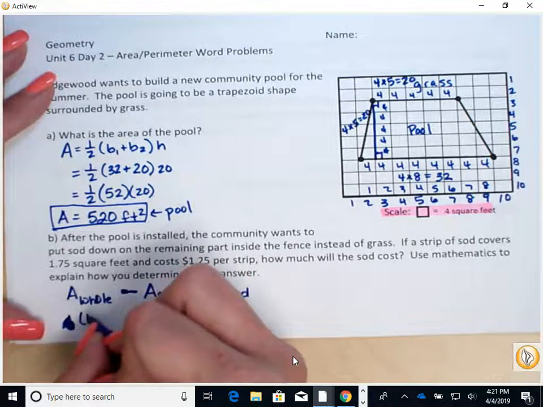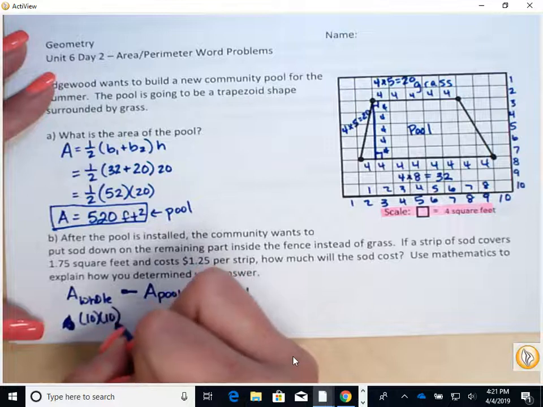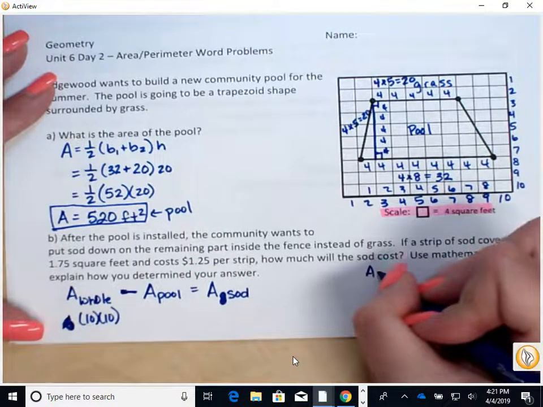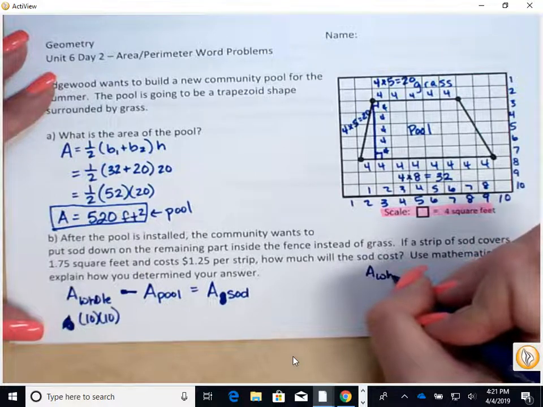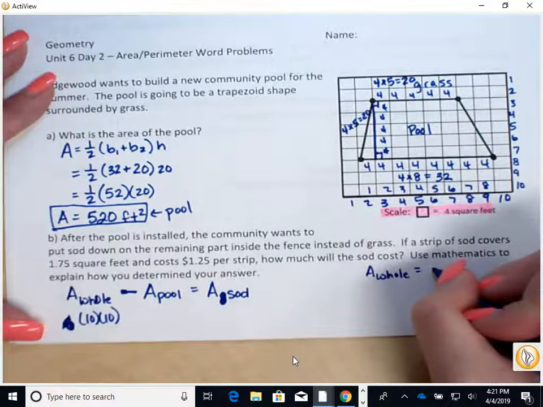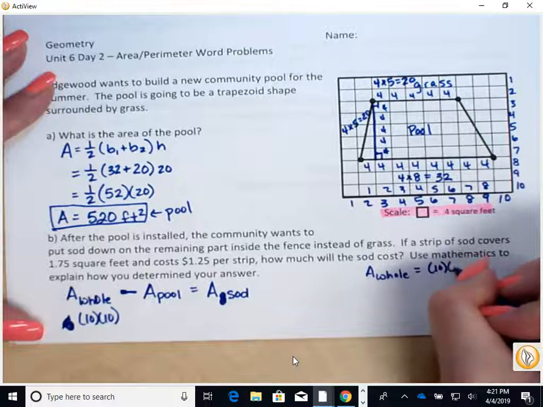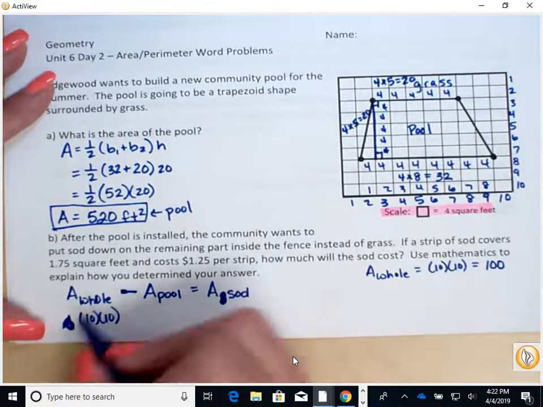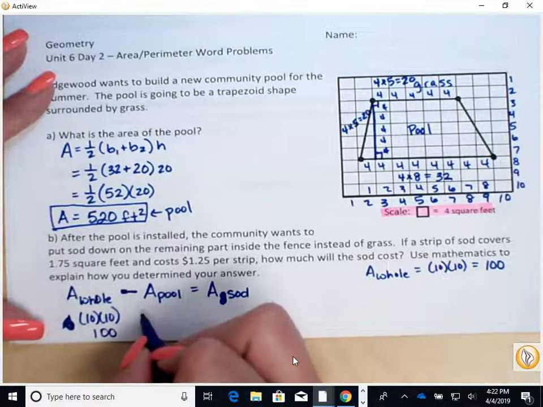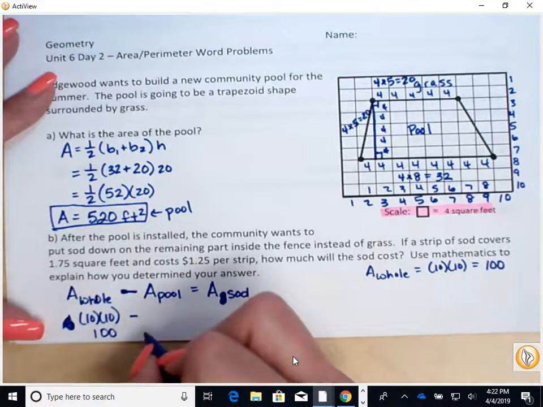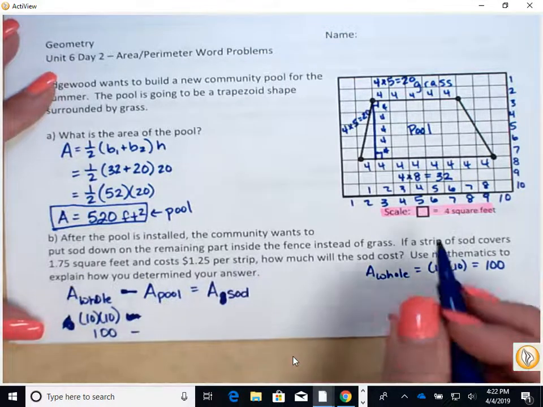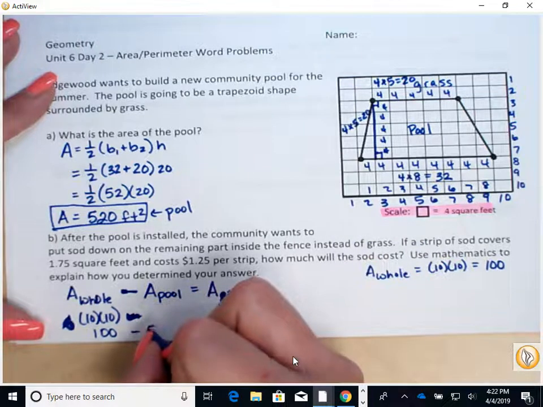So 10 times 10 will get me that area. That gives me 100. The area of the pool we already found. So the area of the pool was 520.